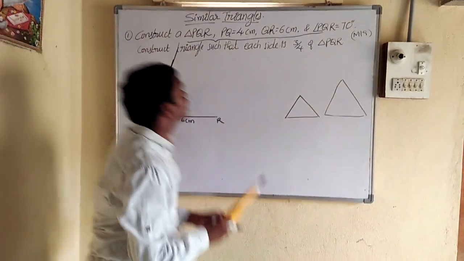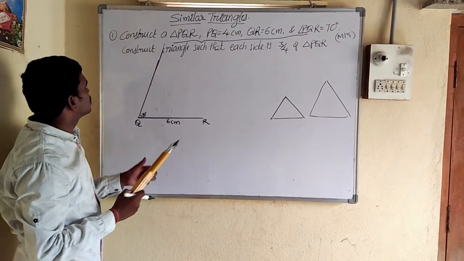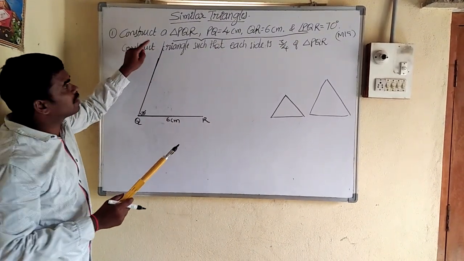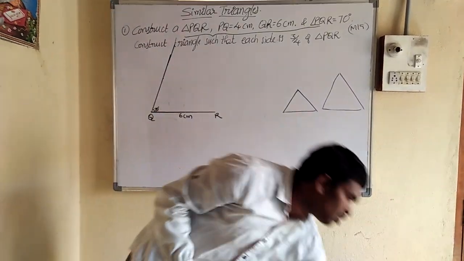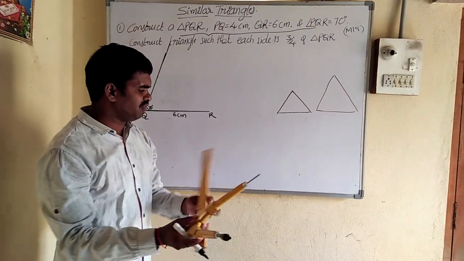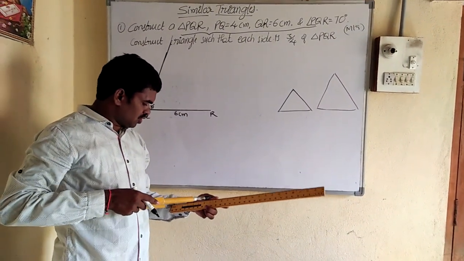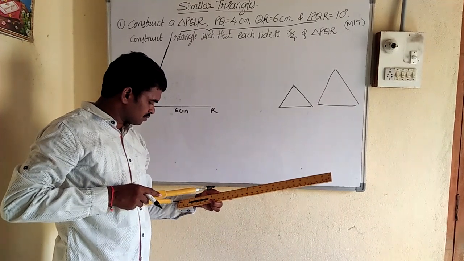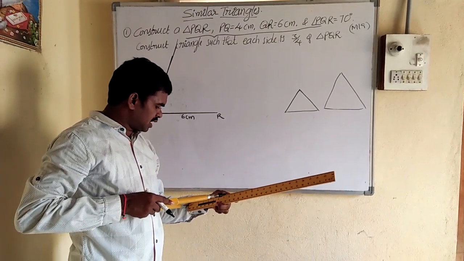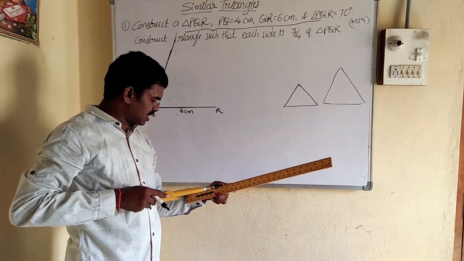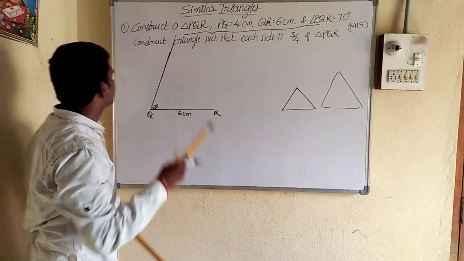What is remaining? PQ equal to 4 centimeters. On the upper side we get P. So from Q we have to take 4 centimeters. On the scale we should take 4 centimeters from 0 to 4. Here a small change on the board: instead of 4 I am taking double, 8, but you have to take 4 only.